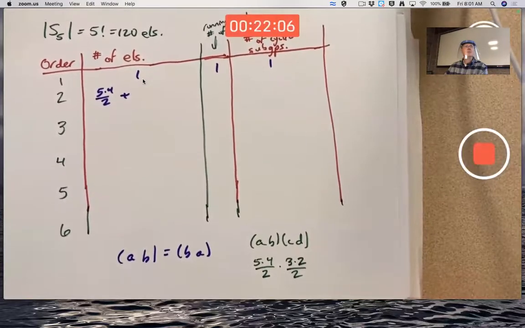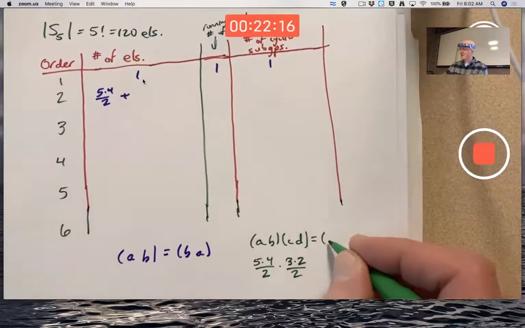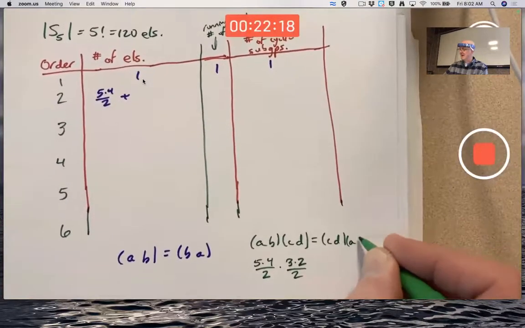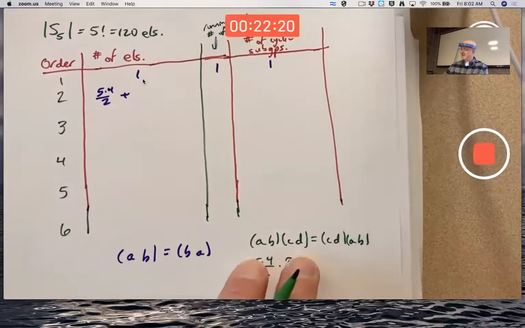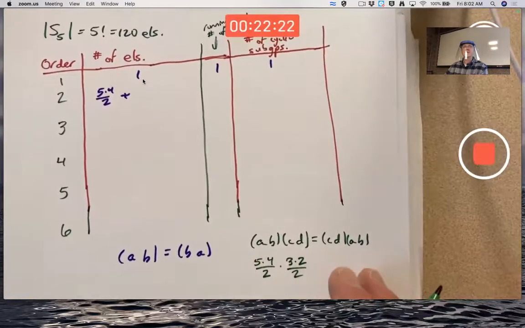But then there's one more tricky thing here. What's the one more tricky thing? You divide by 2 again, because you could flip-flop the two cycles. Right, disjoint cycles commute. And in a sense these are indistinguishable from each other, because they're both 2-cycles.